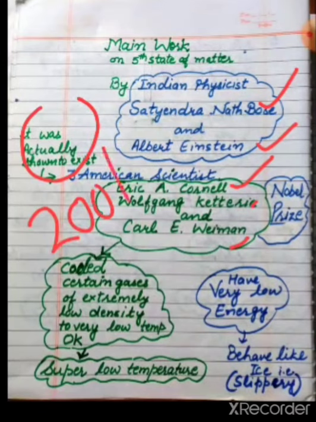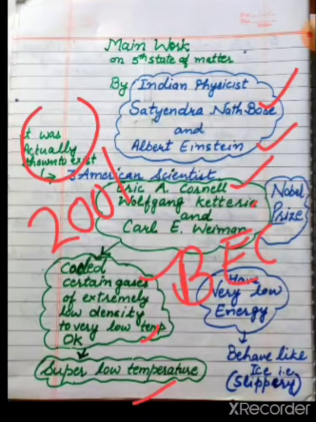in the year 2001 cooled certain gases of extremely low density to a very low temperature, that is near 0 Kelvin, known as super low temperature. And the particles which constitute this state of matter are often called Bose-Einstein Condensate, BEC, and also known as bosons.